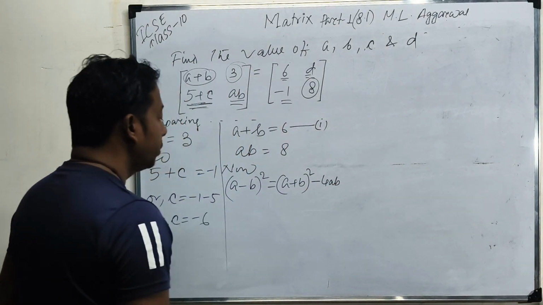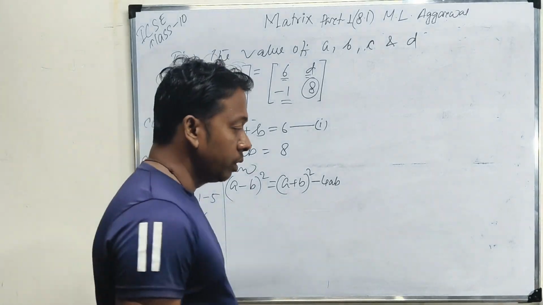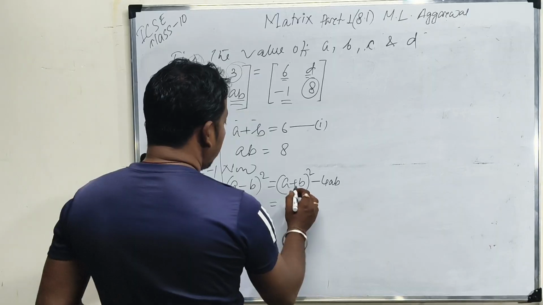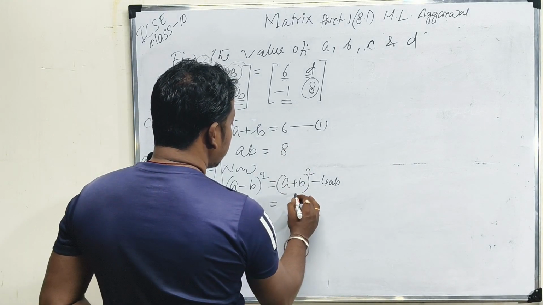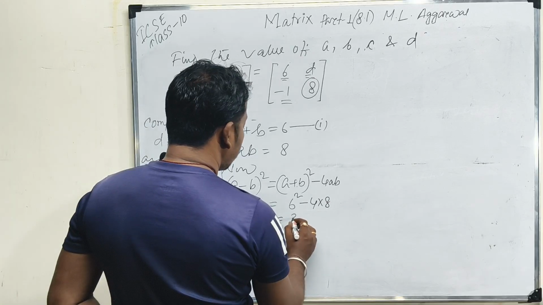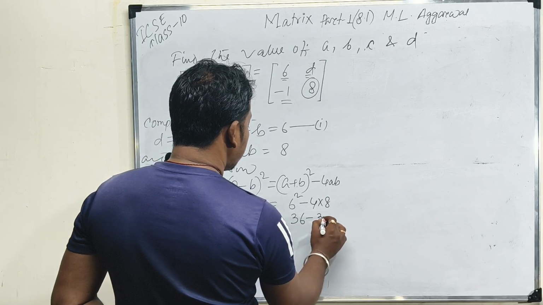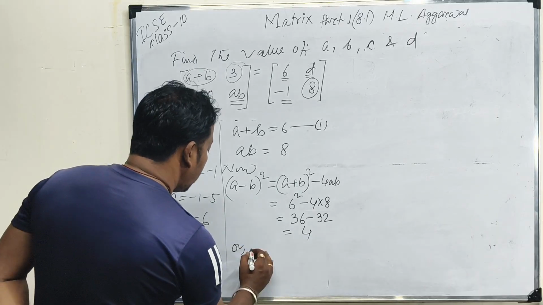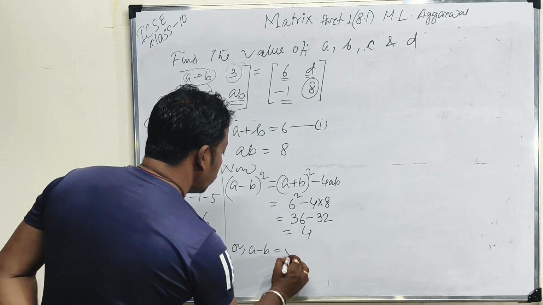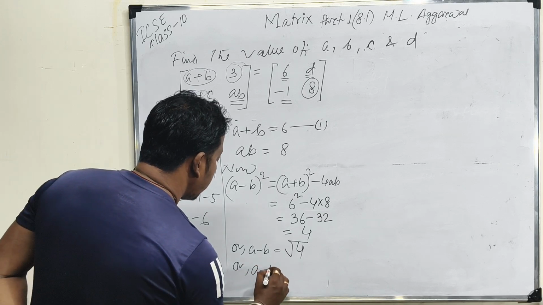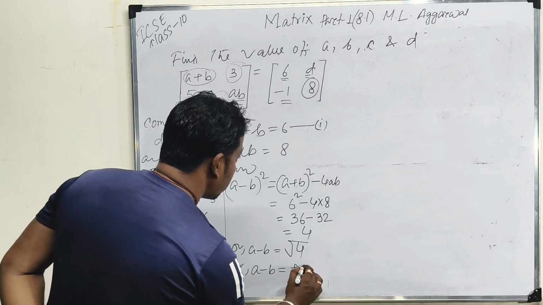We are applying the formula of a minus b whole square. a plus b is given as 6, so 6 square minus 4 into 8, that is 36 minus 32, that is 4, or a minus b equals root over 4, or a minus b equals plus minus 2.